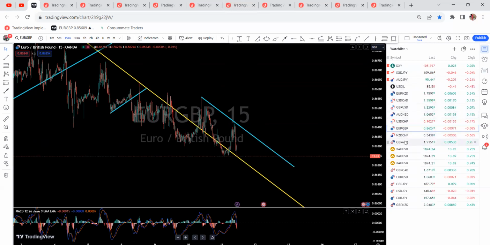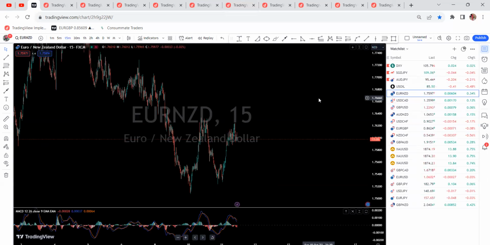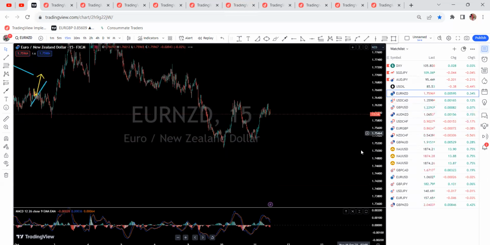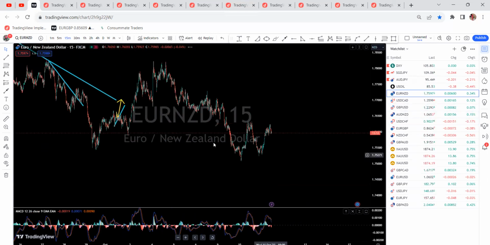All right, so looking at Euro NZD. The market is completing a structure. Obviously I can call it a corrective structure, especially on this 1, 2, 3 wave. So it's ranging here.